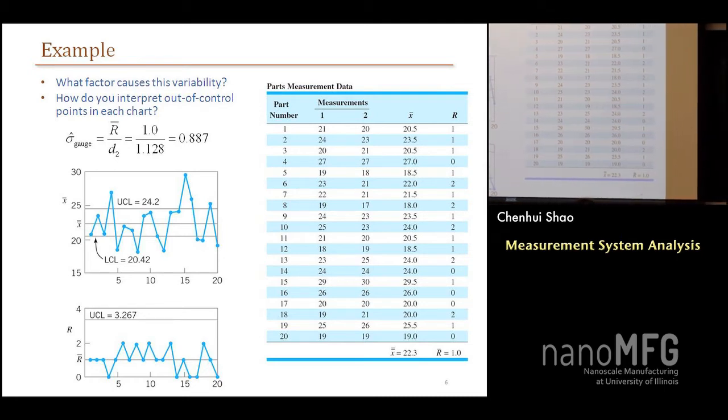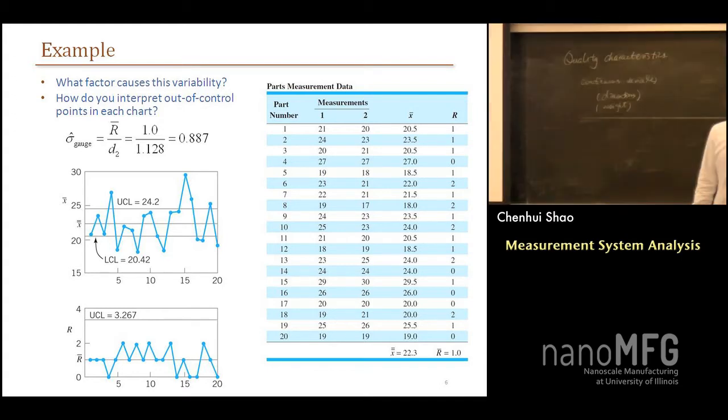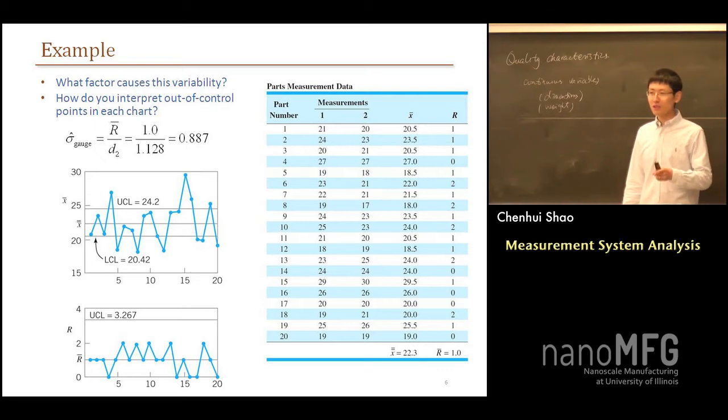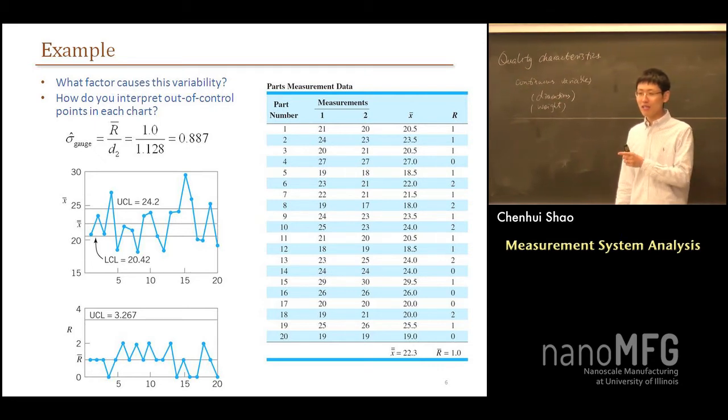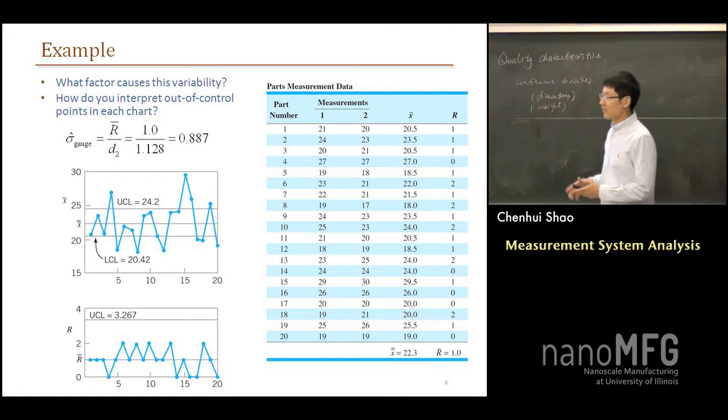Do you feel comfortable using it for your production? If a production engineer corrects you, saying nothing is wrong with my production, there's something wrong with your gauge. So how do you argue with the engineer? All right, let's keep that in mind, okay?